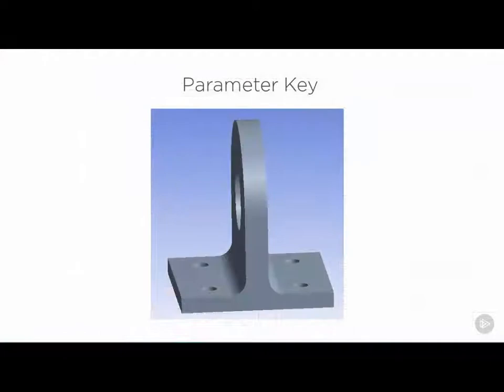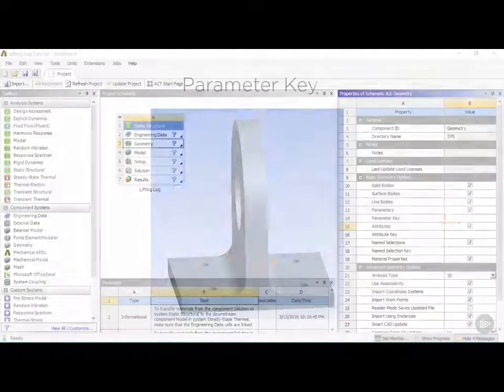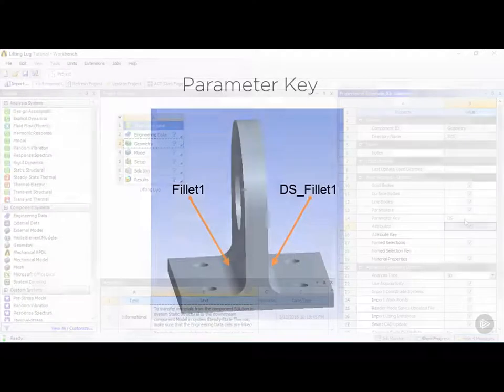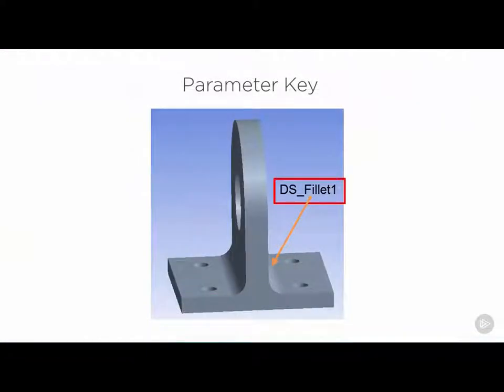You can tell ANSYS to only import parameters or attributes that have this key or piece of text in it. So say we define a radius called fillet1 and another radius called ds_fillet1. If we leave this field blank, ANSYS will import both of these dimensions. However, if we input ds as a parameter key, ANSYS will only input ds_fillet1 as a parameter into ANSYS.